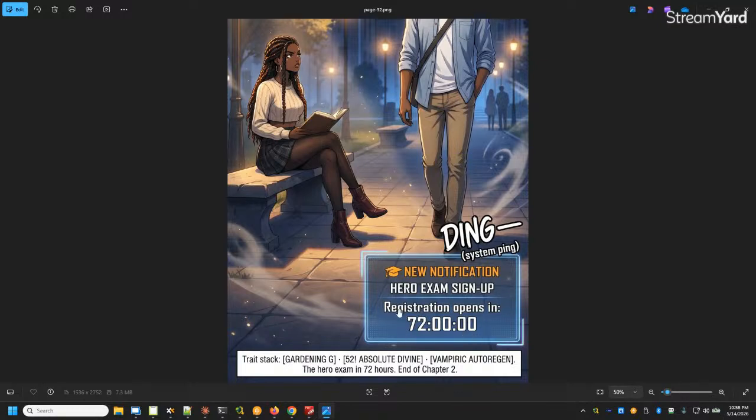There's no 7,200 hours on the clock, so why not just put 3 days? Okay, whatever. And I love this cigarette sort of styling at the bottom of the screen here. Like the cigarette warning in the commercial, trait stack, guarding G 52, 52 factorial absolute divine.